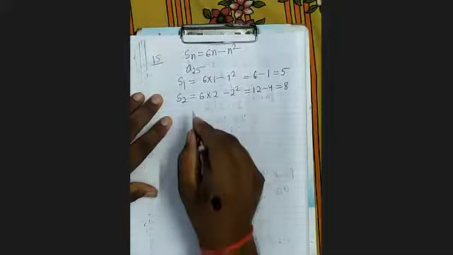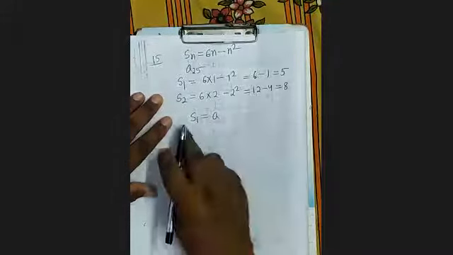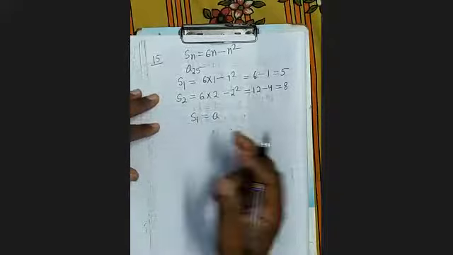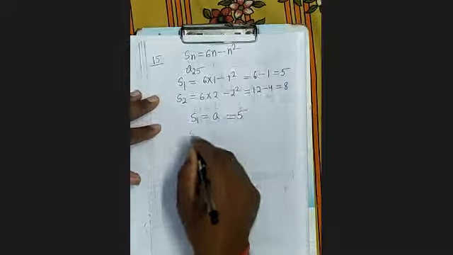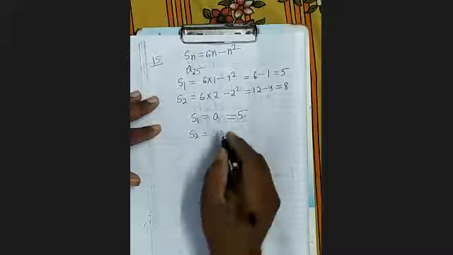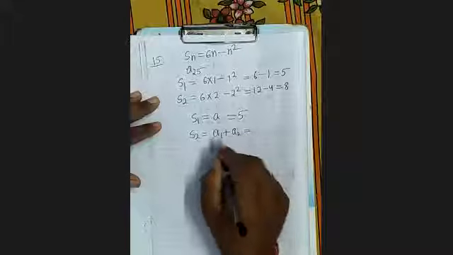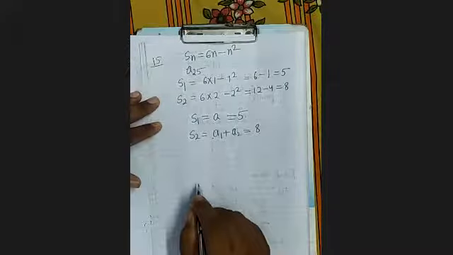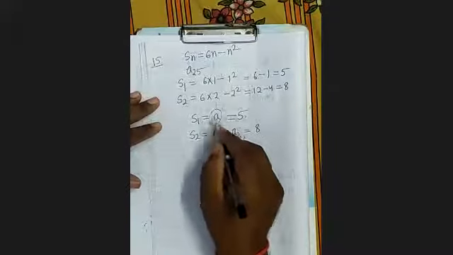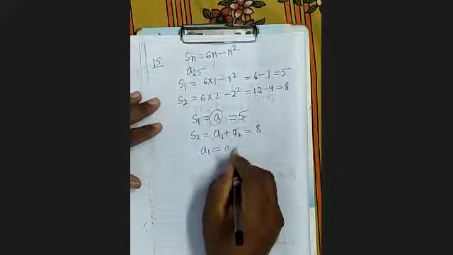Now see here S1 equals to A. S1 तो पहले टर्म का सम मतलब वो A होगा. So A equals to 5. S2 equals to A1 plus A2. It is clear, which is given 8. Now the first term you have already found, that it is 5. A1 equals to A equals to 5.